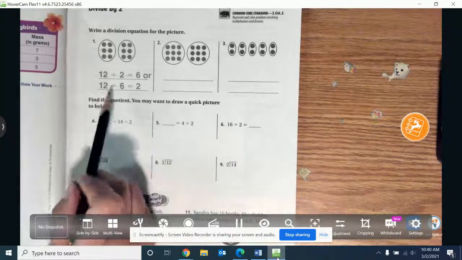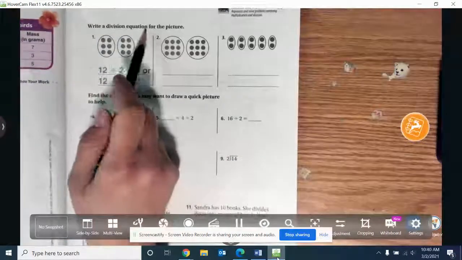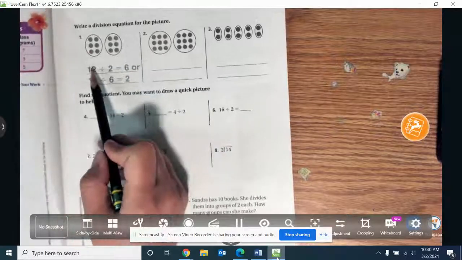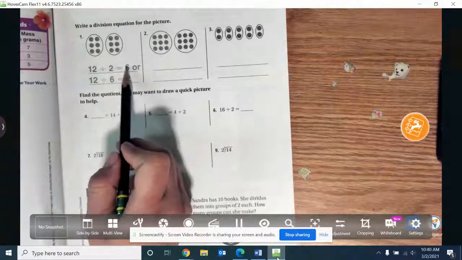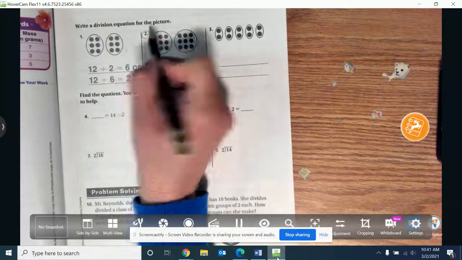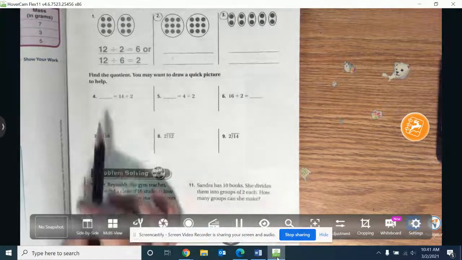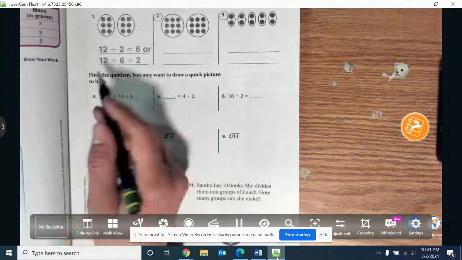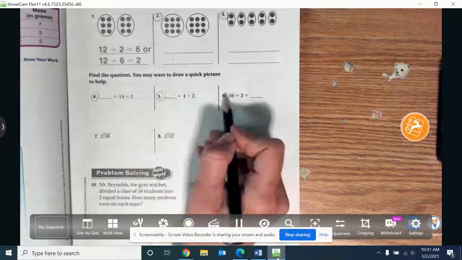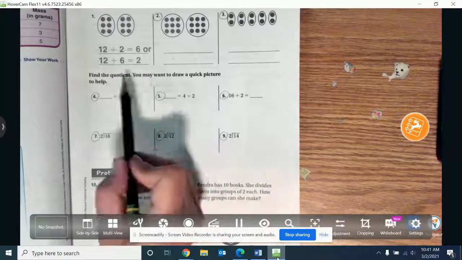Number 1 is done for you. We need to write a division equation for the picture. Remember, I want you to write both ways it could be written, just like the example. You're doing it for number 2 and number 3. And you're also doing number 4, 5, 6, 7, 8, 9.